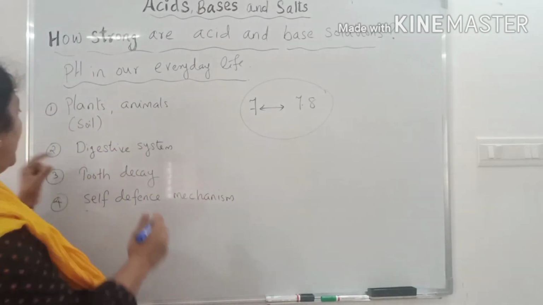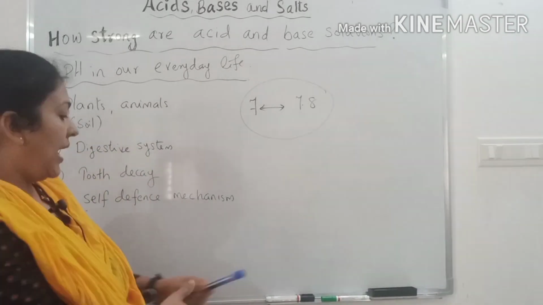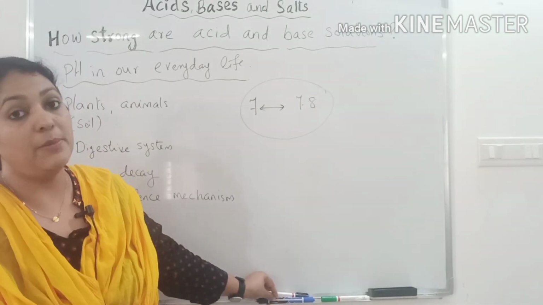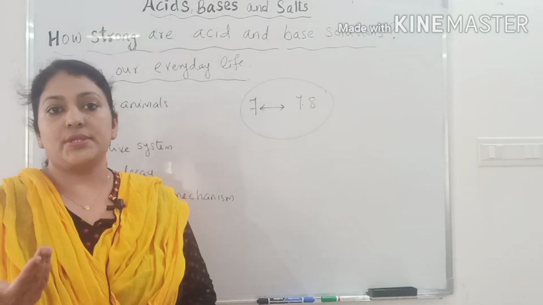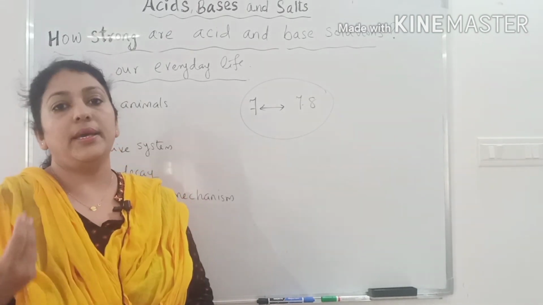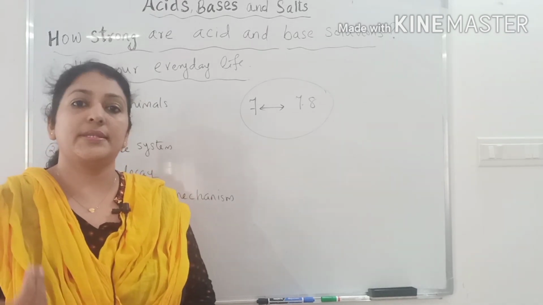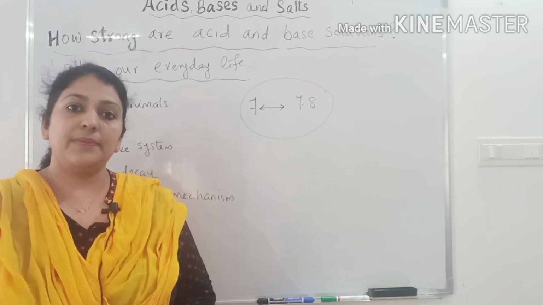Okay. Now, next, the digestive system. We know that we have strong hydrochloric acid in our stomach, which helps in digestion. If the acid produced becomes too high in our stomach, we will feel a burning sensation, which is called acidity. So what is the remedy for acidity?